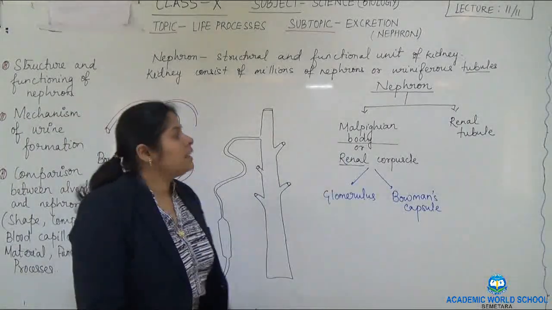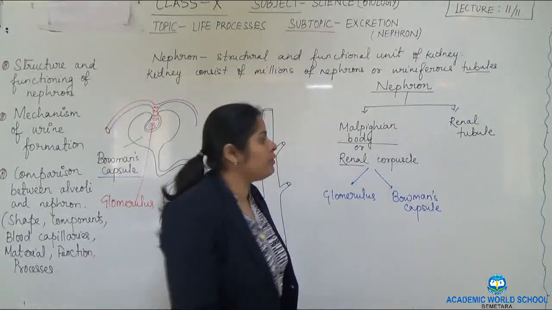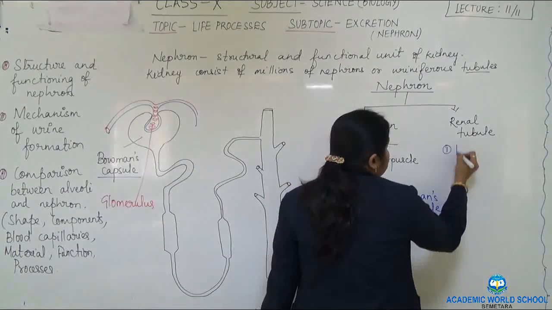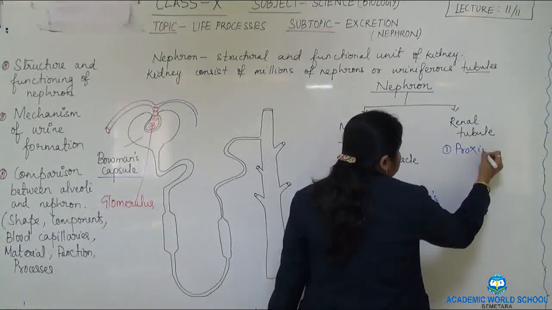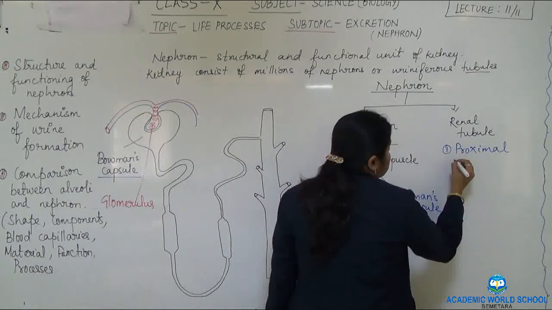The first part. Second one is the renal tubule. This renal tubule consists of various tubules. The first one is the proximal convoluted tubule. In short abbreviation we call it as PCT.